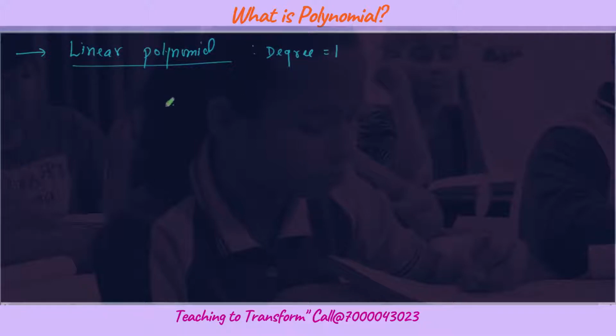For example, f of x is equal to 2x plus 3, or you can say f of x is equal to minus x plus 5.